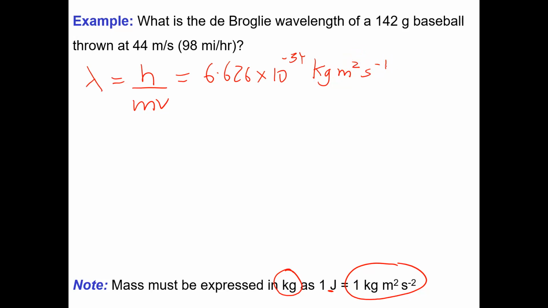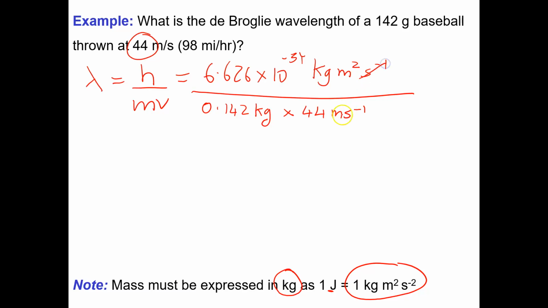Planck's constant in the base units of the SI system has those units, and that reminds us that our mass needs to be in kilograms, so 0.142 kilograms there, and then our velocity is 44 meters per second. So the seconds go, the kilograms go, and one of our meters goes, and that makes sense that our wavelength, because it's a length, would have units of meters.